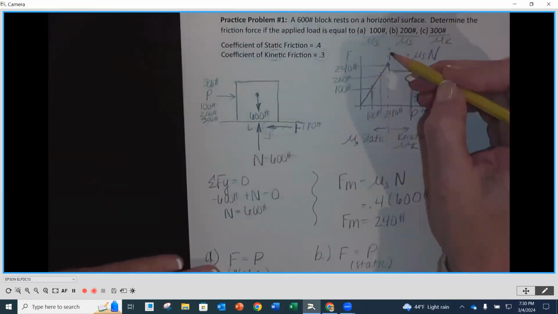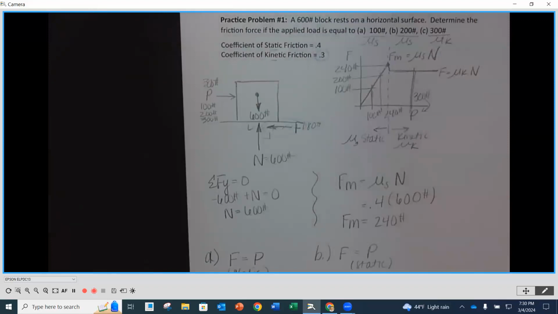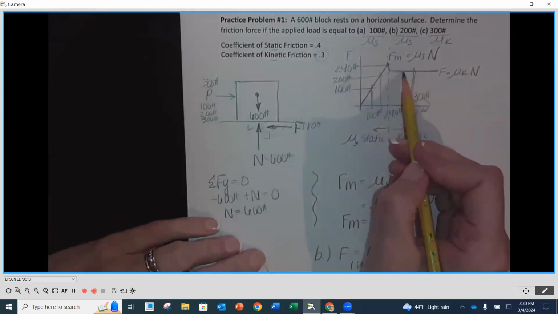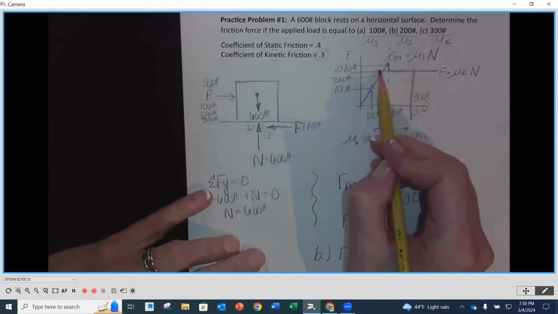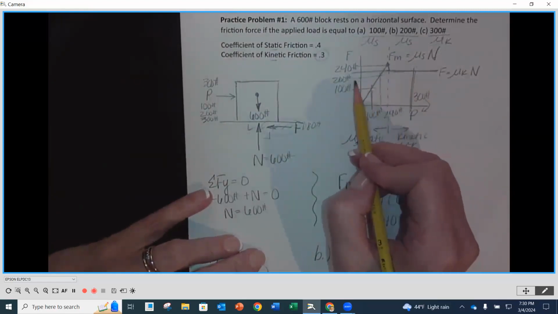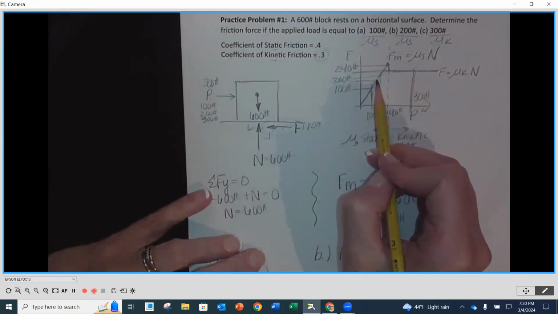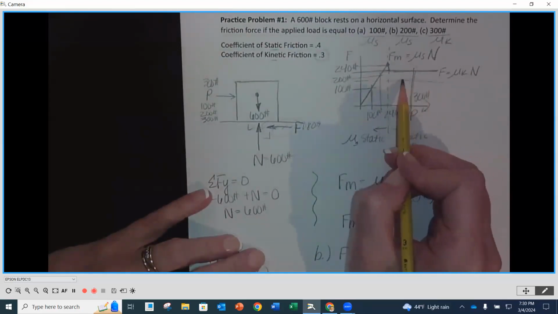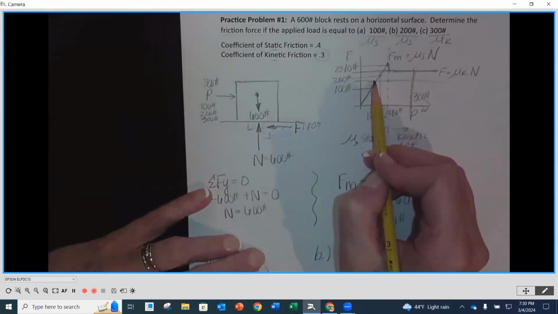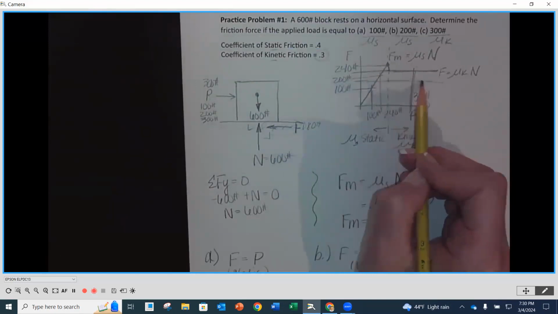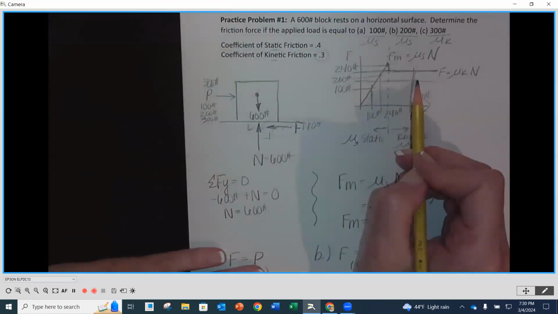So let's say we're right here at impending motion and we've just broken through. Then we go down a little bit, lower than that, to 180. Our friction force when we are moving is 180 going in the opposite direction.